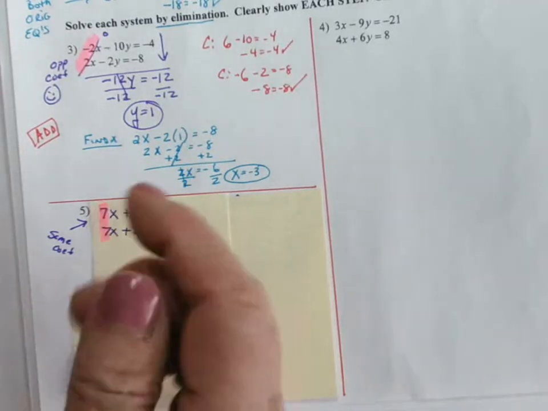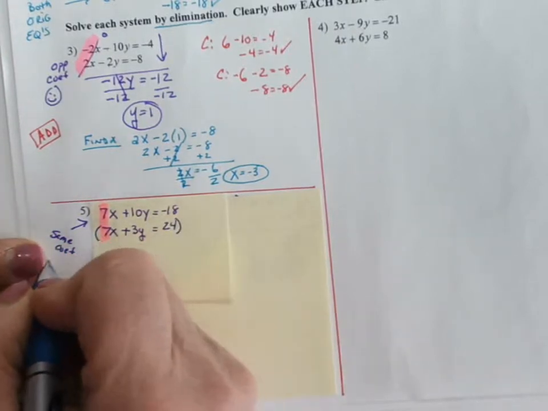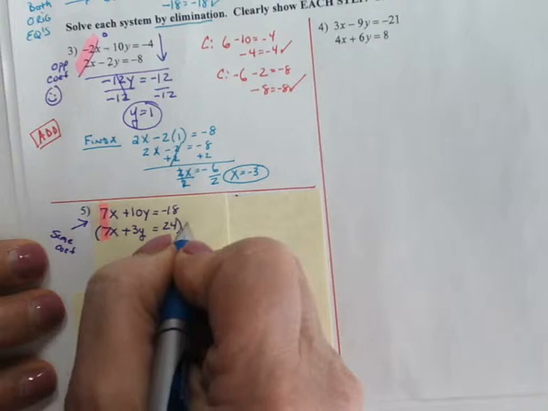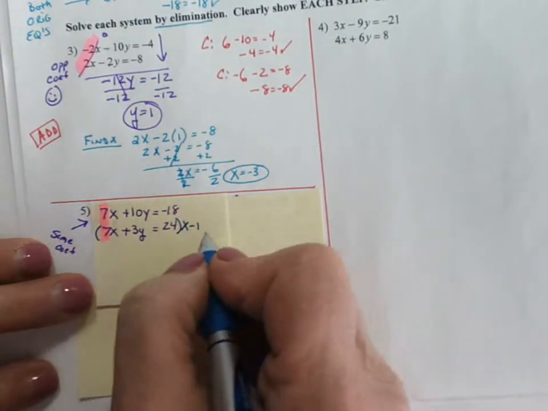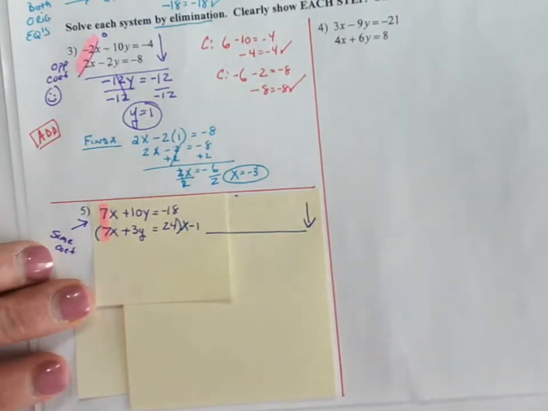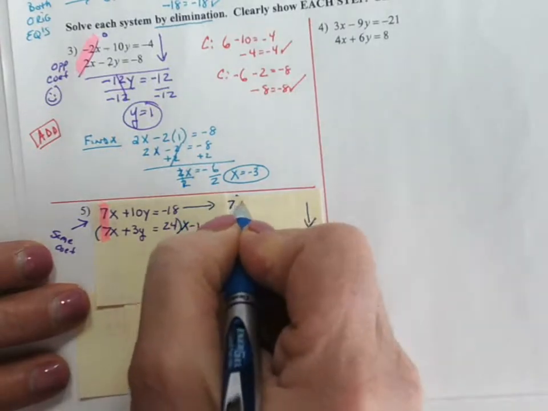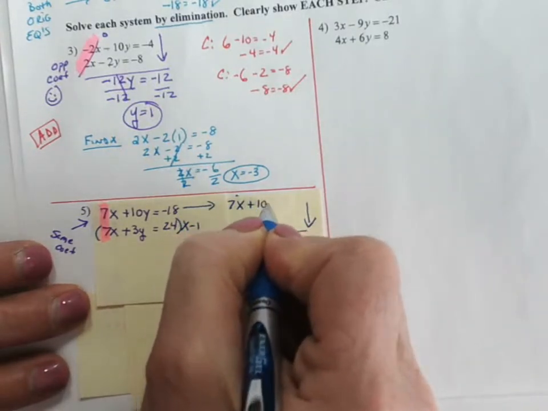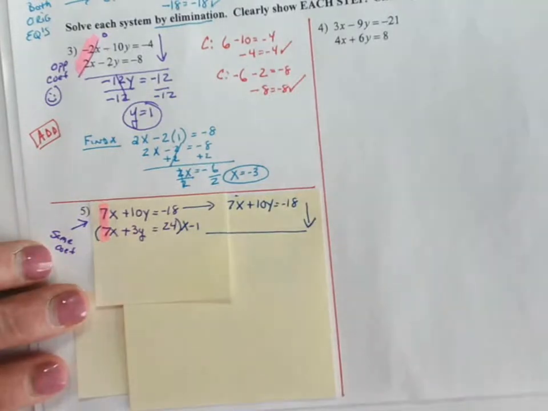So I need to eliminate x, so I'm going to multiply one of the equations, in this case the bottom equation, times negative 1. And then I'm going to add down. The top equation I don't do anything with. I get 7x plus 10y equals negative 18.